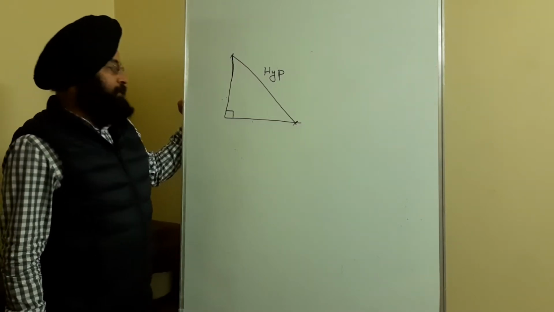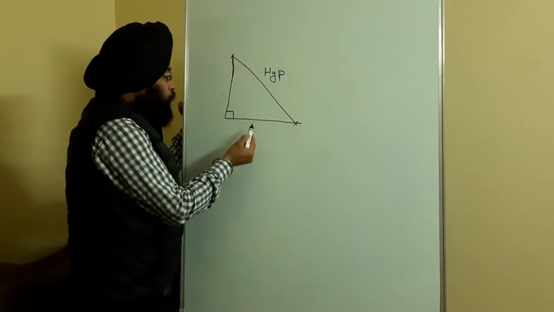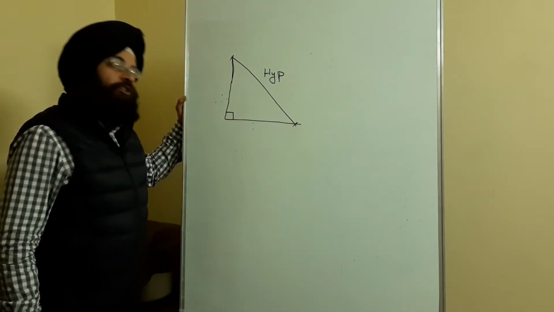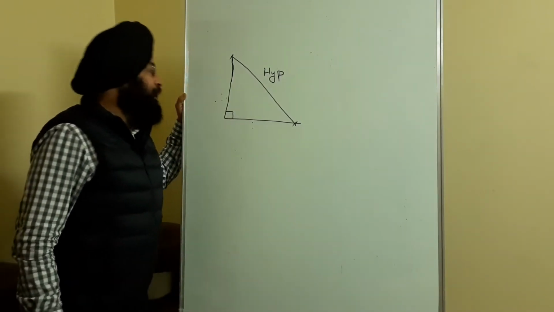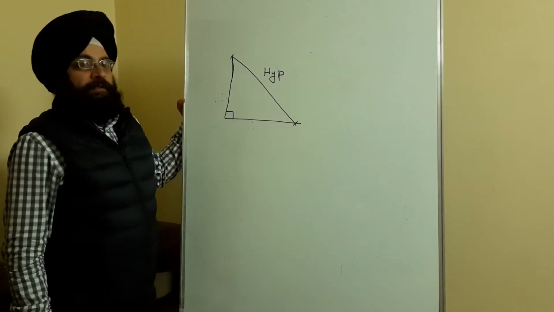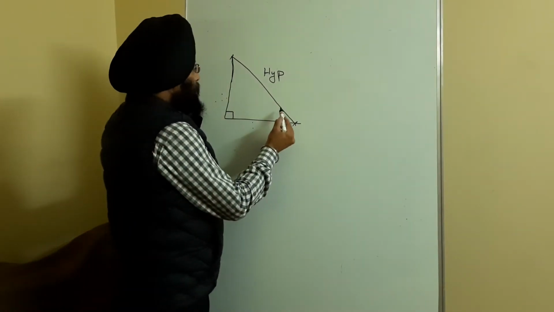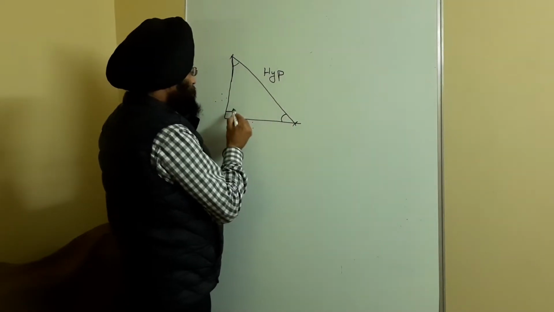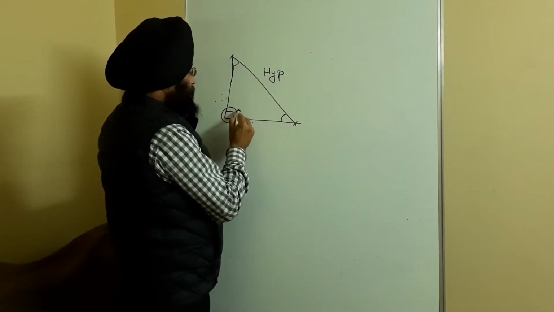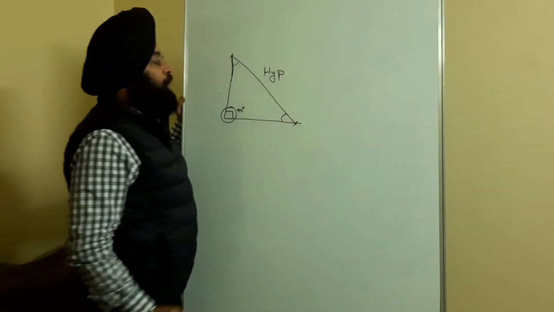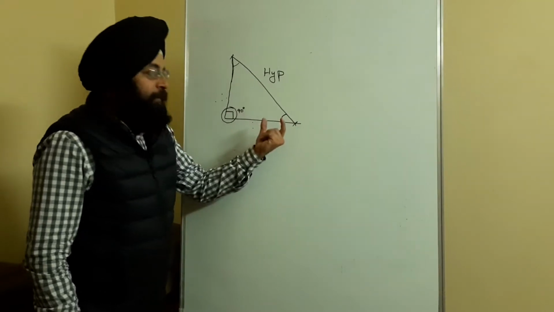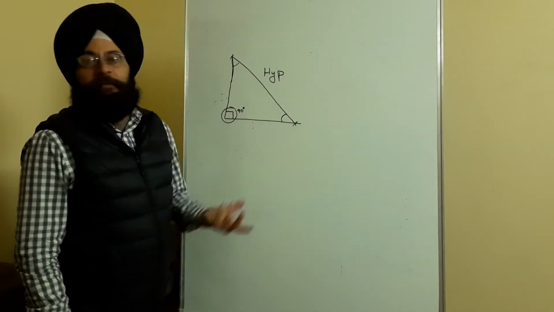In this case, both sides can be treated as base and both sides can be treated as perpendicular. It will depend upon the two remaining angles, because one angle is already 90 degrees. So, with respect to which of the two remaining angles are you going to define the parameters?